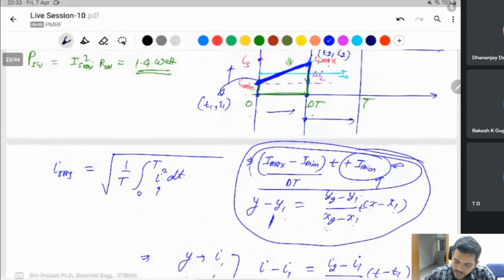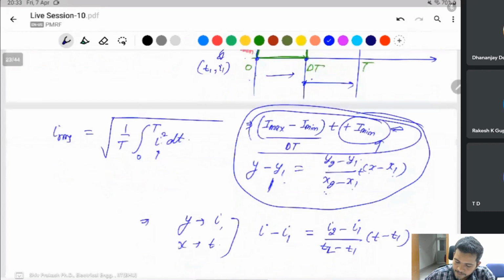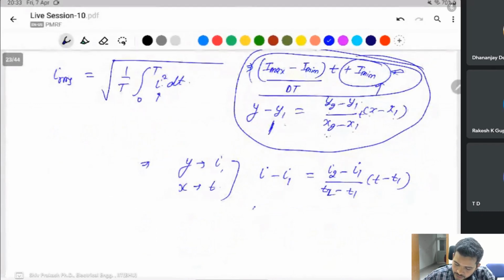Then I minus I1. I1 is this current, it is I minimum. I minus I minimum is equal to (I2 minus I1).